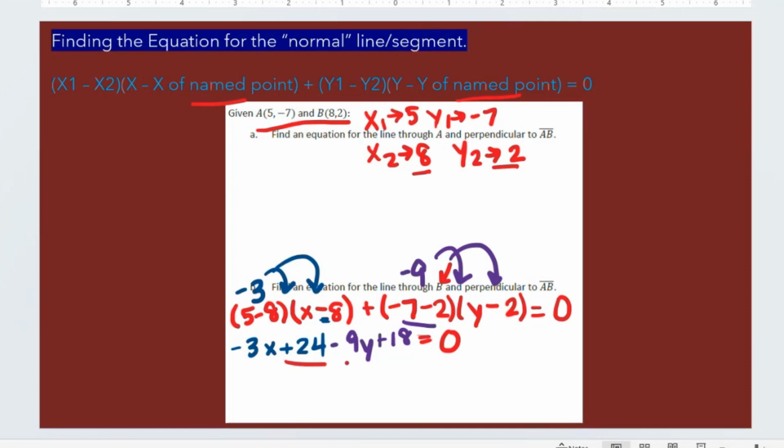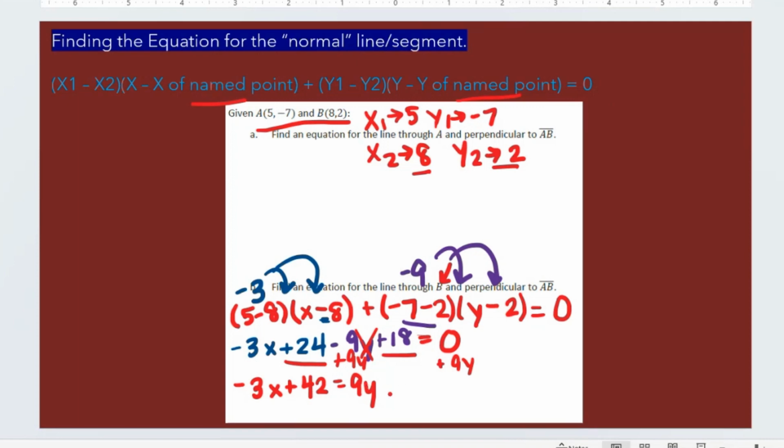I have a positive 24 and a positive 18. So 24 plus 18 is 42. I'm going to bring that negative 3x down. And it's a positive 42, so it's plus 42. I'm going to move this 9y over. This is minus, so I'm going to add it. So now I have the equation of negative 3x plus 42 equals 9y.